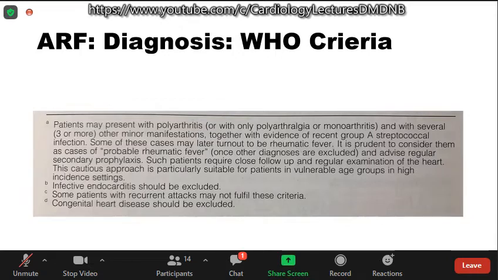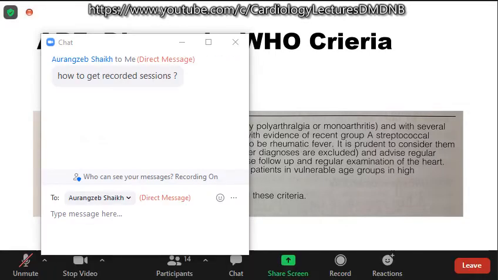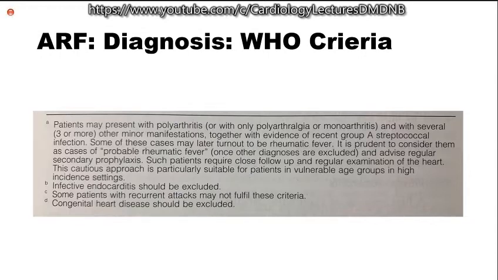This cautious approach is particularly suitable for patients in vulnerable age groups in high-risk populations, especially populations with a very high incidence of acute rheumatic fever, and in the high-risk age group, that is 5 to 15 years. If you get three or four minor criteria, the WHO recommends that the patient may be started on penicillin secondary prophylaxis for a period of a year, and reassessed.